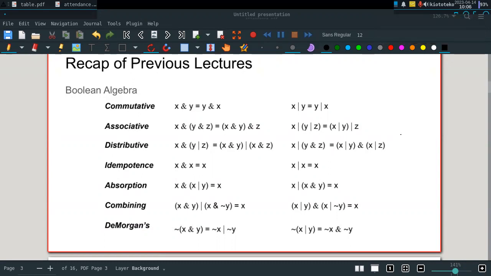And remember that reducing these Boolean expressions allows us to create simpler circuits, and therefore we are not consuming that many resources, like monetary or energy resources, creating these complex circuits when we can reduce them and use fewer gates. So Boolean algebra has some properties that are similar to ordinary algebra. For example, commutative is similar, but not all properties are the same.